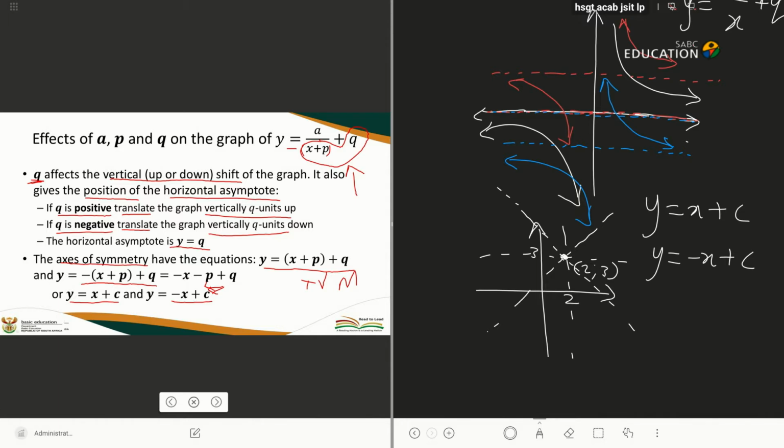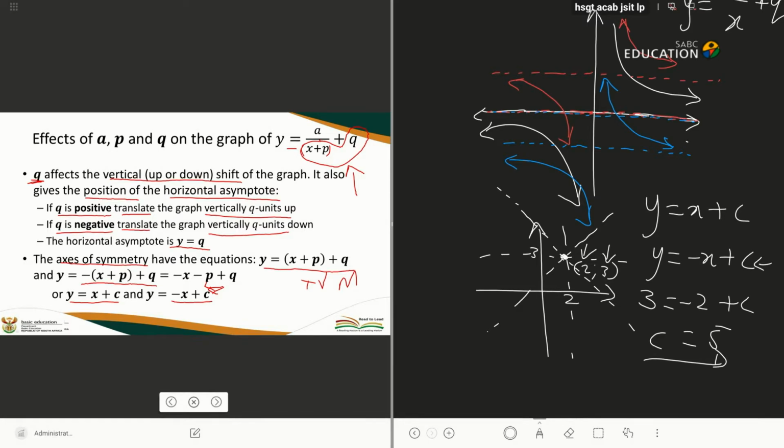So to get your c, you say, okay, my y is 3 and my x is 2. So you're going to say 3 equal negative 2 plus c, and therefore your c will be equal to 5. So that is basically what you do in order to solve for the equation of the axis of symmetry if we are using this method.